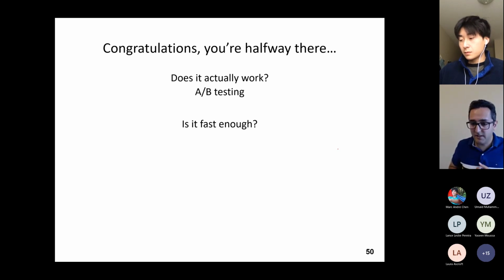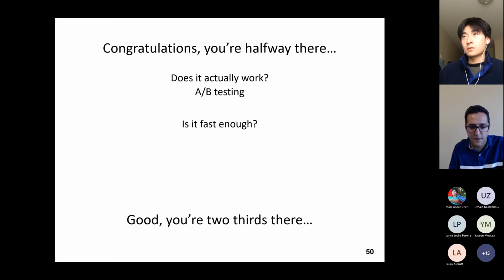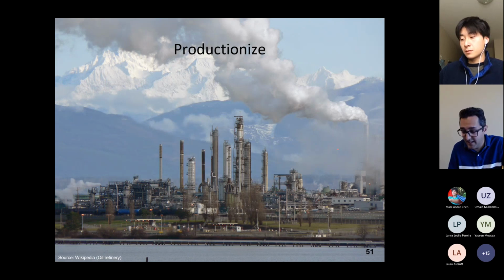You may come up with this excellent idea for a recommender system, right? But it takes 2 years to run on Amazon data. It's no good, right? So it must be fast. Okay, 2/3 there.